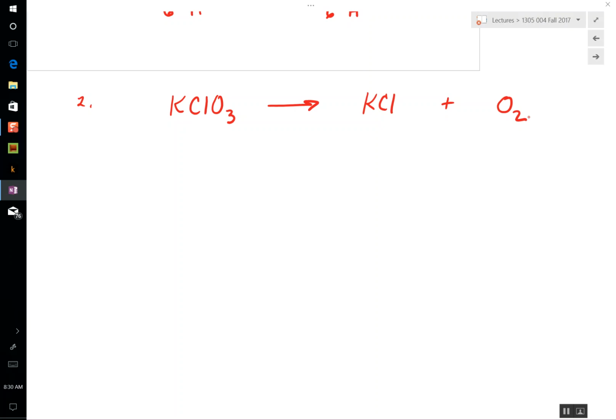You have one thing decomposing into 2 other things. In this case, it's decomposing into a compound, potassium chloride, and oxygen. Take a stab at that. Make your little list of K, Cl, and O.